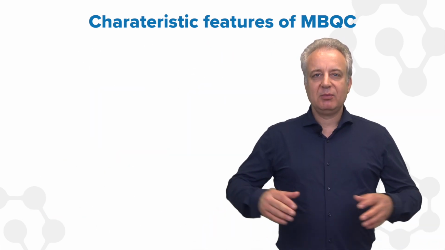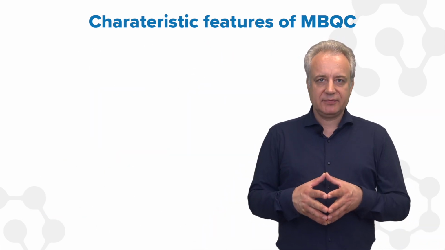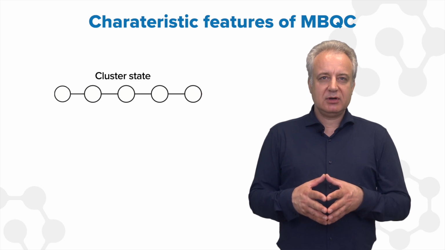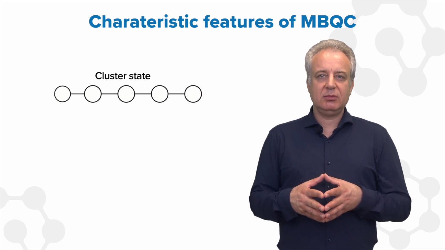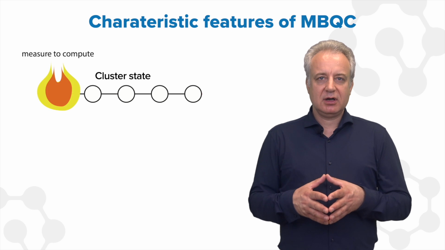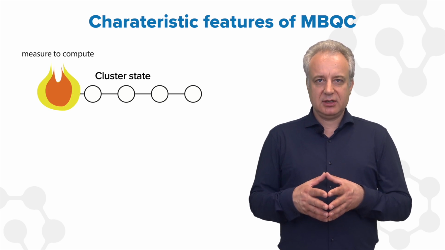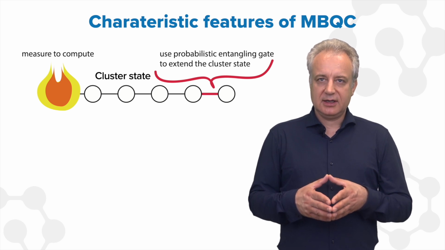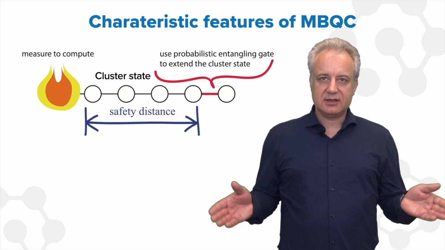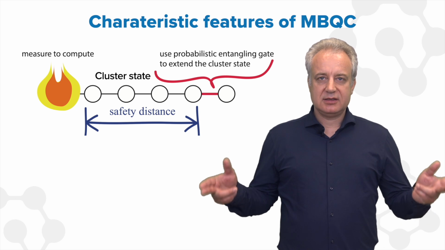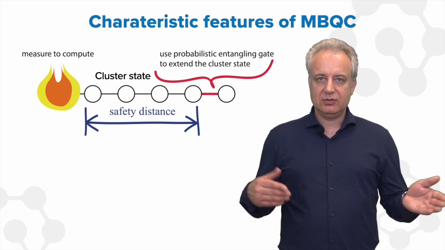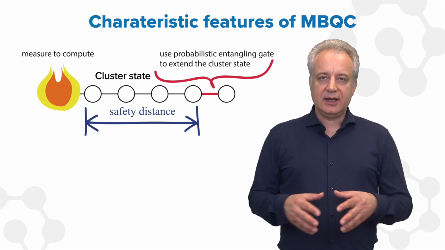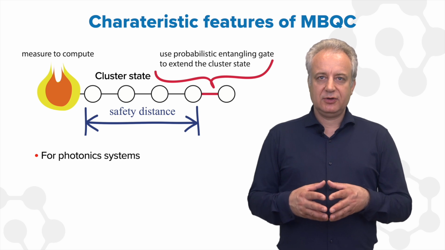Let's remain more abstract for now. Measurement-based quantum computation is really the scheme of choice when you talk about quantum computation that uses entangling gates that are probabilistic. That is, you have entangling gates that sometimes succeed and sometimes fail, and they tell you when they do what. And that is the case for photonic systems.